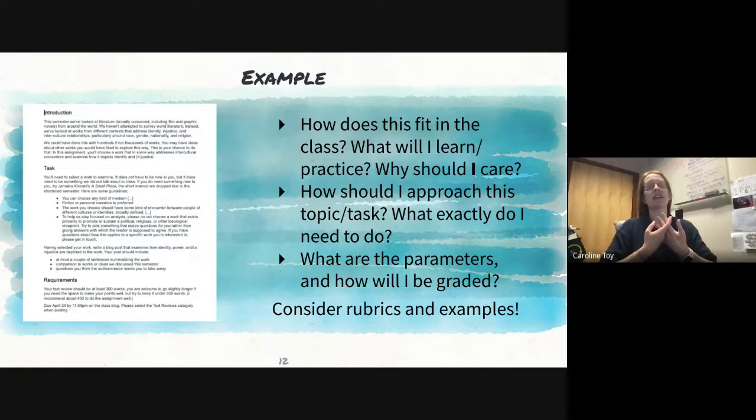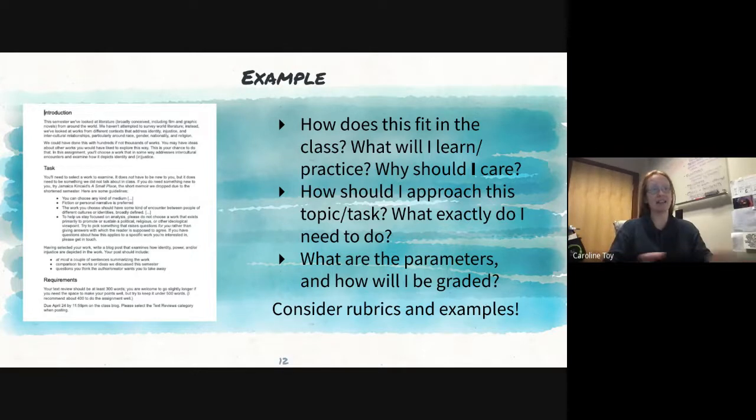It's basically, how does this fit into the class? What's being assessed here? What am I going to learn or practice? And then also, why should I, a human person, not just an assignment producing machine, care about this? What does it mean for me?